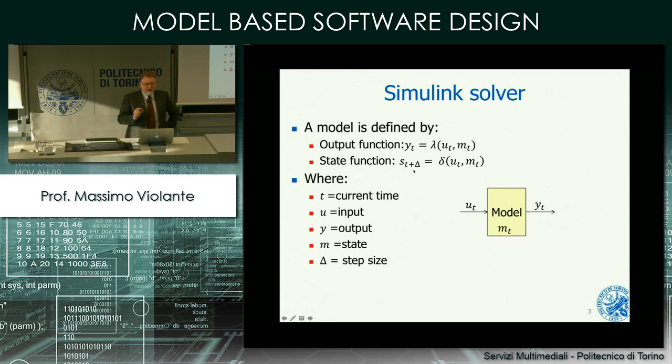So delta is the smallest amount of time that we take into consideration. It's a kind of time quantum. So for the model, now corresponds to time t, and the next instant of time corresponds to time t plus delta, okay?